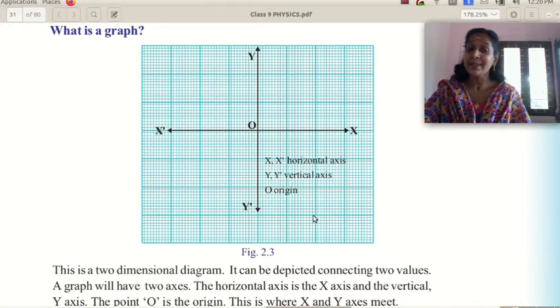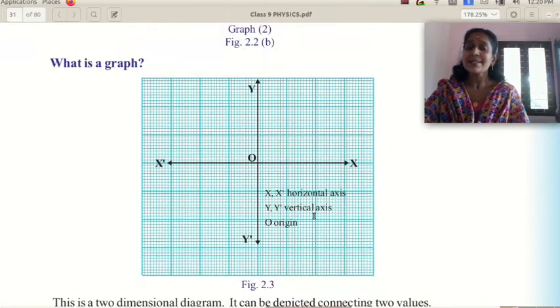How well they are playing, like that. We can understand easily from the graph what is shown. By using a graph, we can easily understand things.